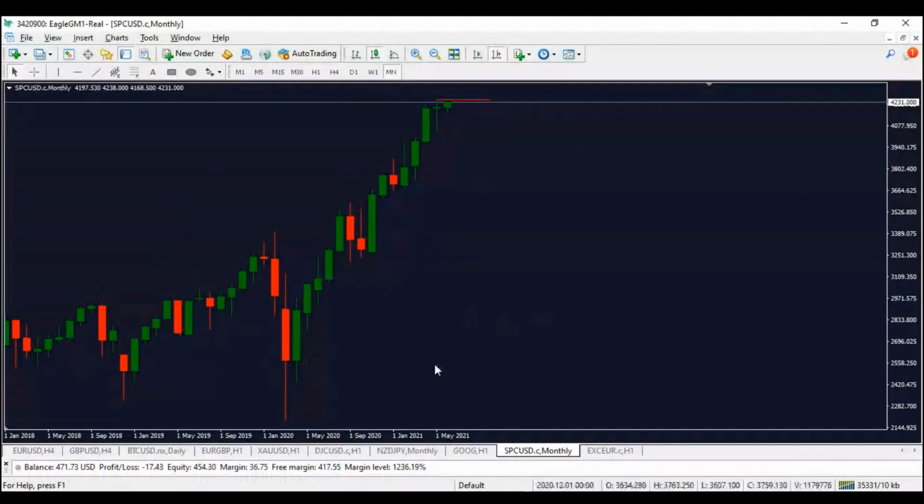Looking closely at the monthly time frame, this was the previous swing high, the major high before we had a drop, and it was in 2020, during Corona right here. So I want to pinpoint this.